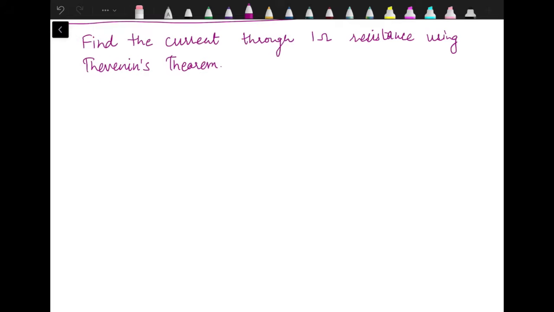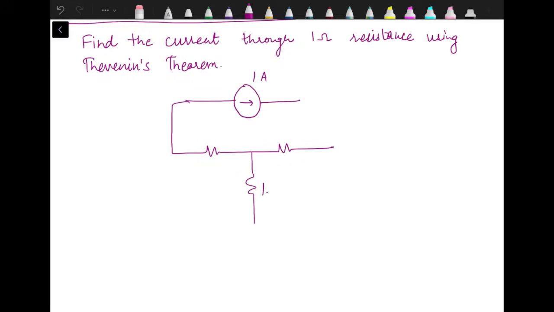The circuit here is: this resistance is 1 ohm resistance, that is load resistance.